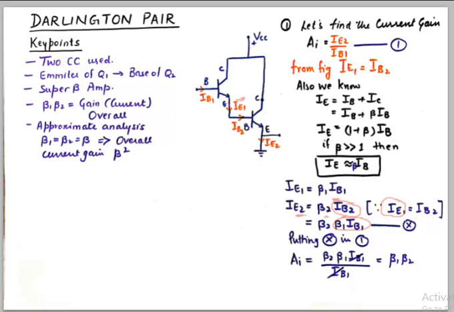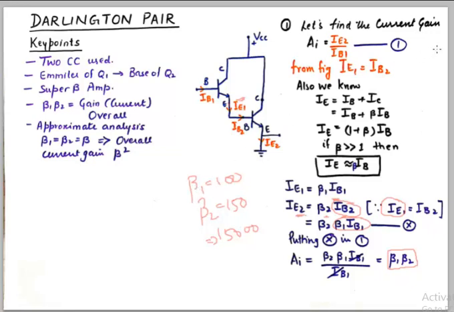So putting this value in this equation of current gain, we get the current gain to be equivalent to beta 1 into beta 2. And if, let us say, beta 1 is 100, beta 2 is 150, then we'll have 15000. So much of current gain. So that is why it is known as a super beta amplifier with a super high current gain.